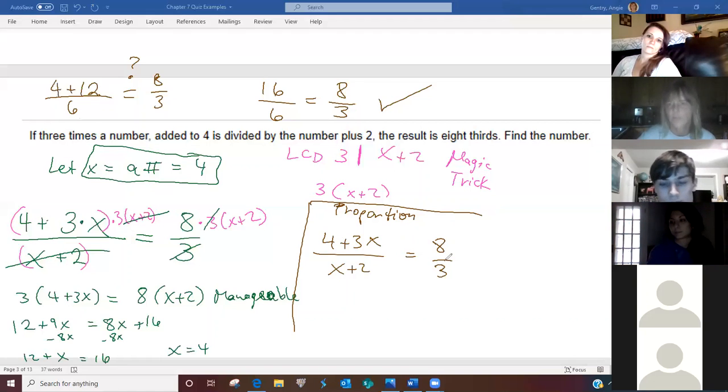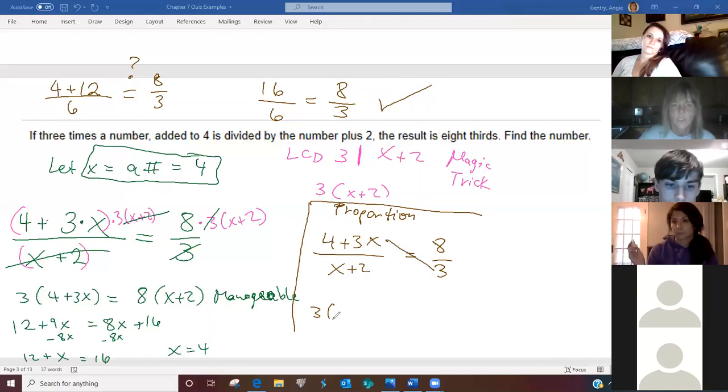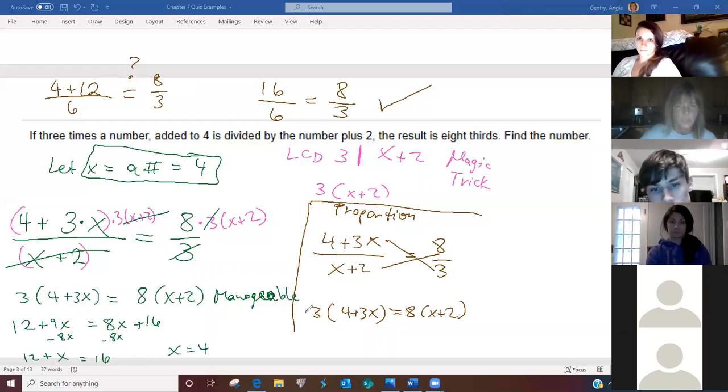I mean, your original translation. Now let's look at it real quick. If you just cross multiplied, you're going to get 3 times 4 plus 3x equals 8 times x plus 2. Do you see that this is identical? So it doesn't matter which way you do it. Yes, all the same.